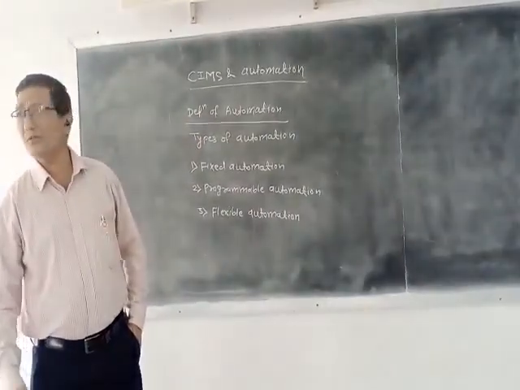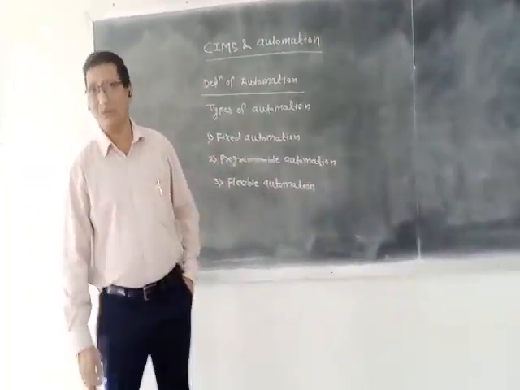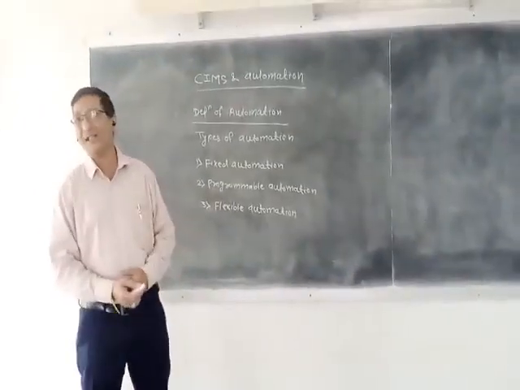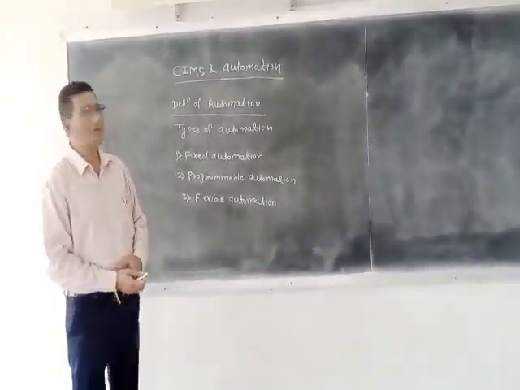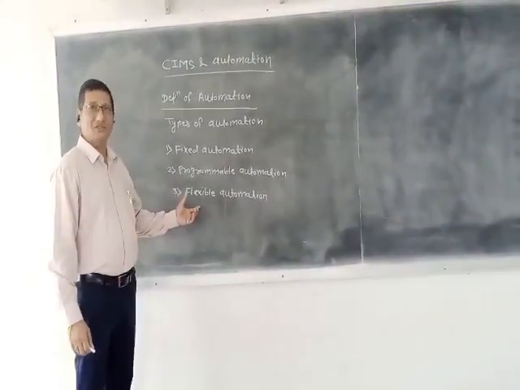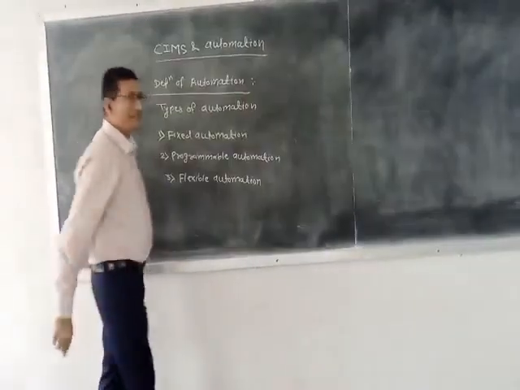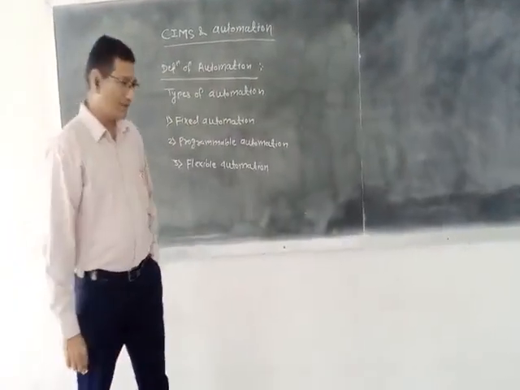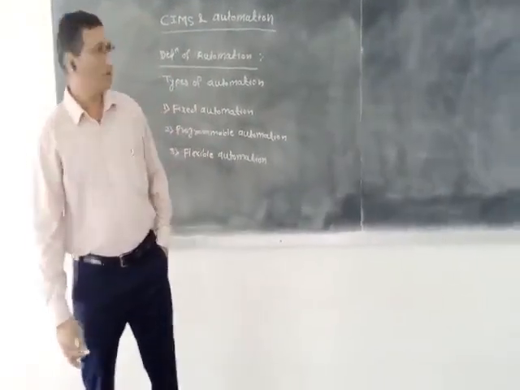Now we must know first what automation is, what the distinct types of automation are, how we can categorize this automation, and how it can be implemented in various types of production systems. So what is automation?